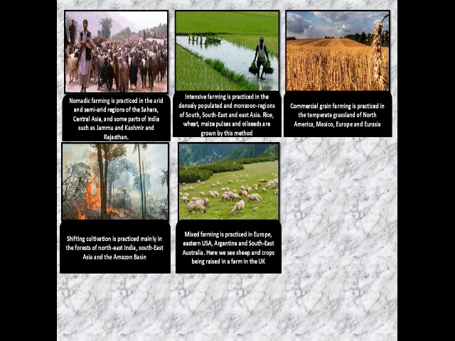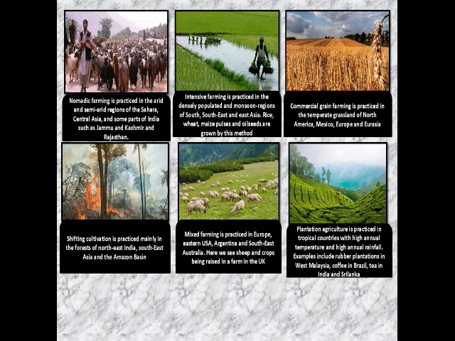Mixed farming is practiced in Europe, Eastern USA, Argentina, and Southeast Australia. Here we see sheep and crops being raised on a farm in the UK. Plantation agriculture is practiced in tropical countries with high annual temperature and high annual rainfall. Examples include rubber plantations in West Malaysia, coffee in Brazil, and tea in India and Sri Lanka.